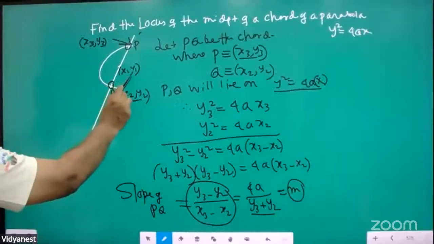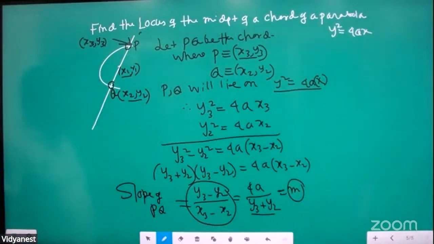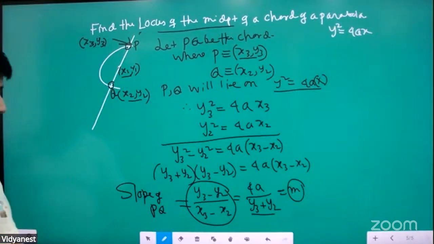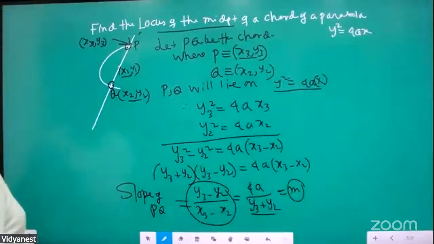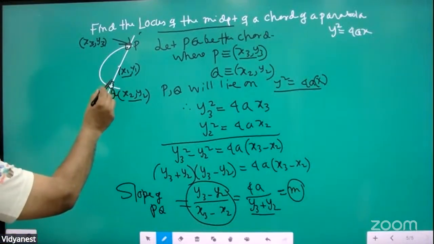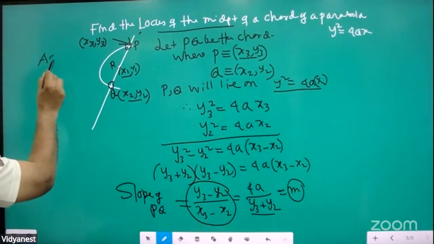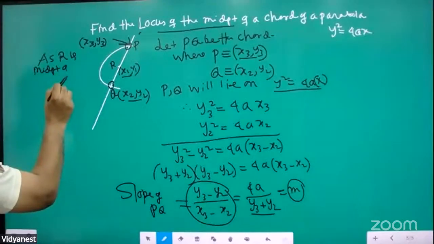Now x1 y1 and these 2 points, what is the relation? According to the question, x1 y1 is the midpoint of these two. So you label it as R, the midpoint of PQ.